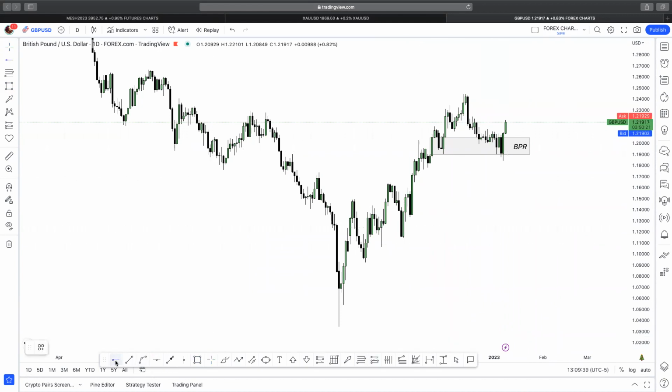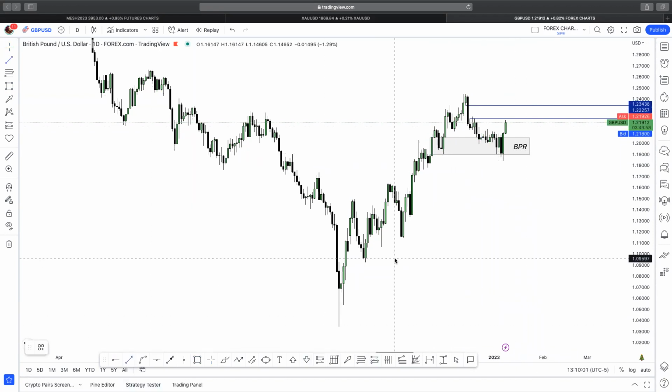I want to see them stab directly into these levels and then offer me the confirmation of the retest here. Will they sink and respect this bearish order flow and then run these lows?